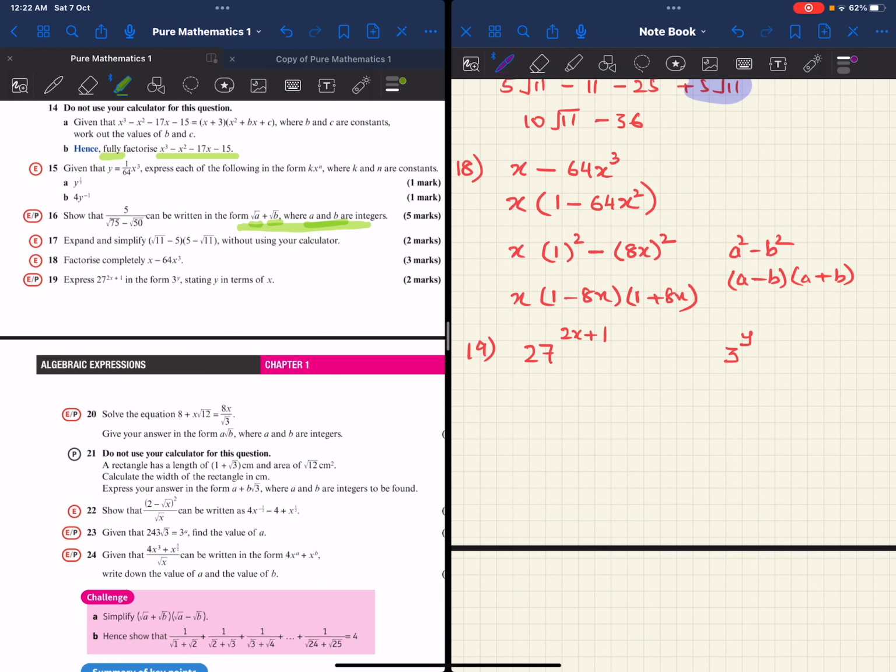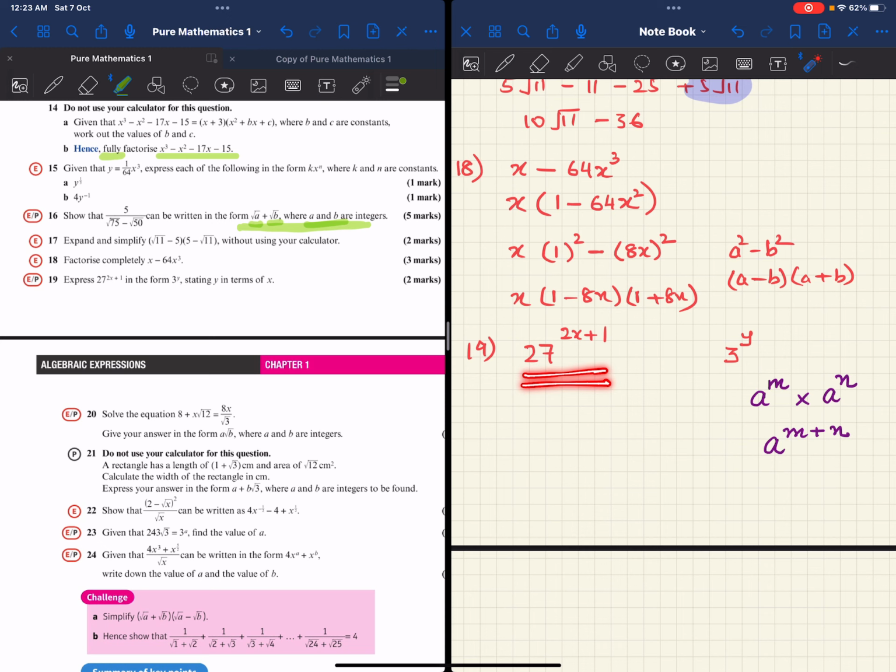For example, if I have a to the power of m multiplied by a to the power of n, I know that this will simplify to give me a to the power of m plus n. So, if I am given a to the power of m plus n, then I should know that this should break up to give me a to the power of m multiplied by a to the power of n, which is the case here.